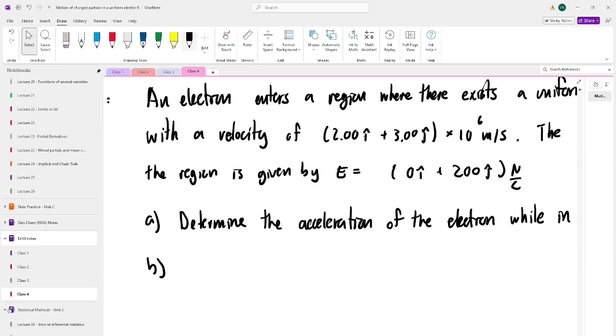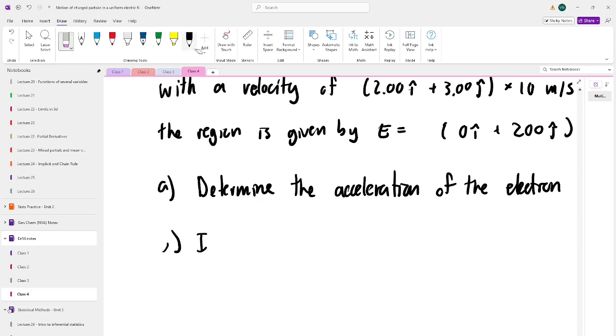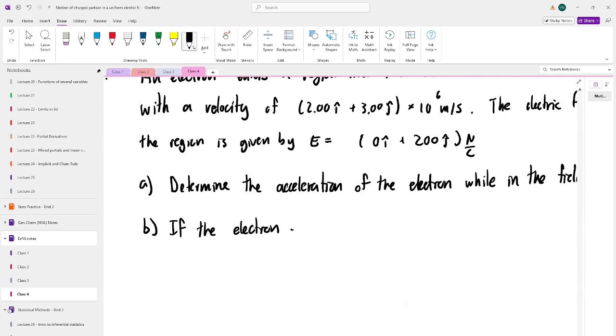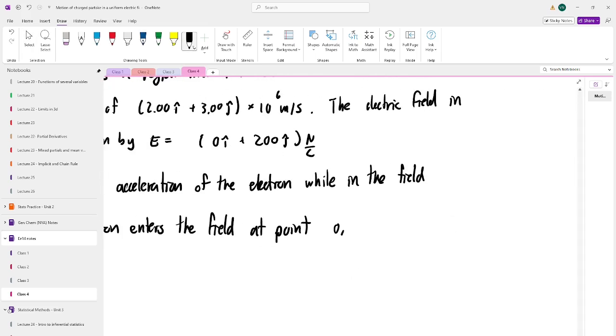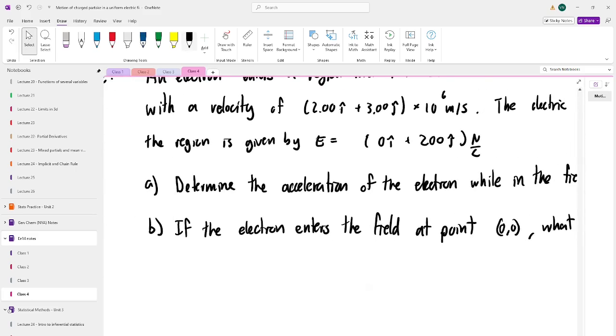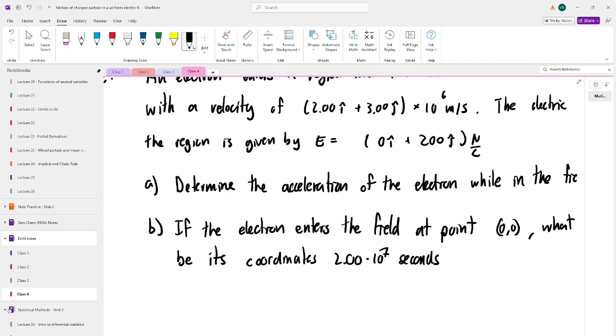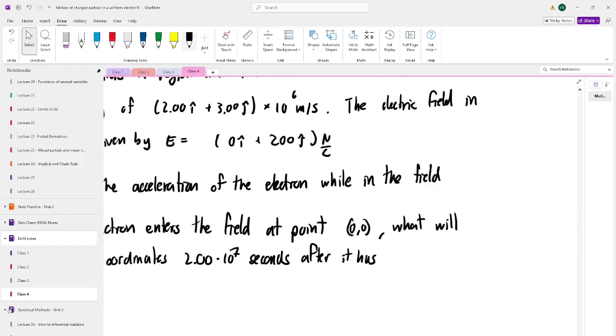B, if the electron enters the field at point 0, 0, what will be its coordinates 2.00 times 10 to the minus 7 seconds after it has entered the field?